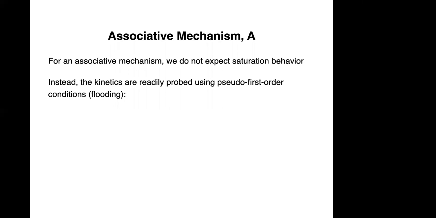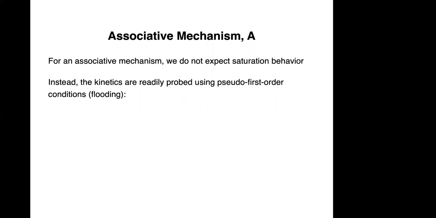Okay, and then at the end of class on Thursday, we noted that for an associative mechanism, as I said, we don't expect saturation behavior, and that means that we can use pseudo first order conditions or flooding to follow the kinetics.